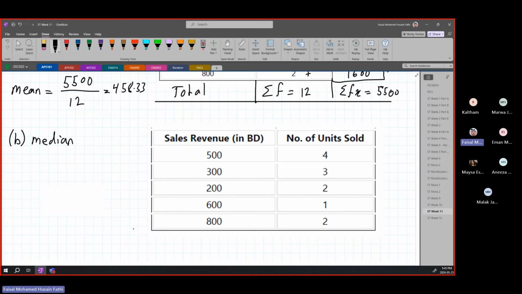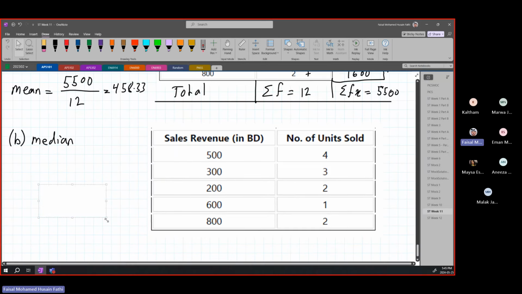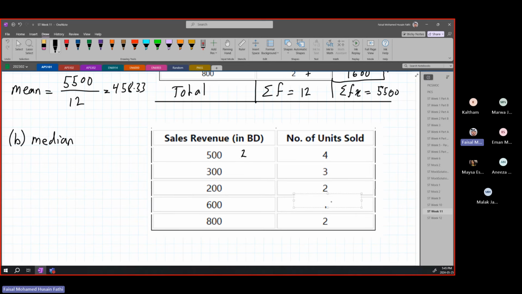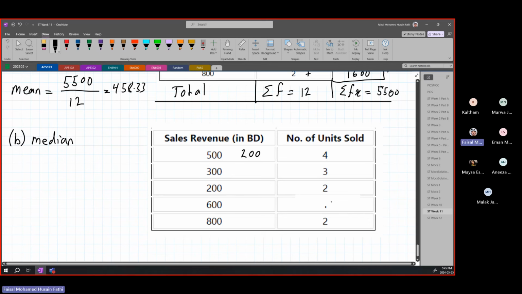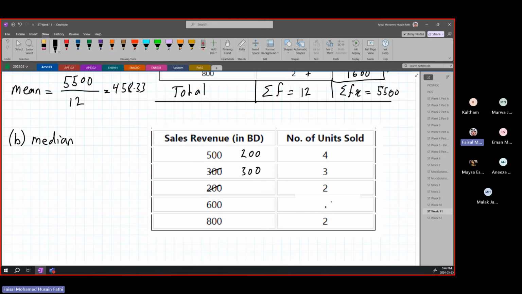So we know that 200 is our lowest value. It's going to be 200 over here. And then after that comes our 300, which is in its correct place. So let's cross out 200, 300, then 500.